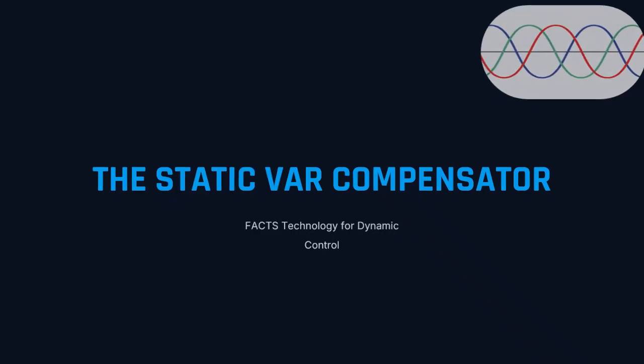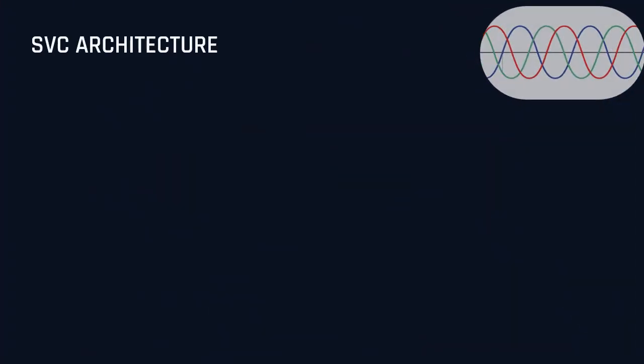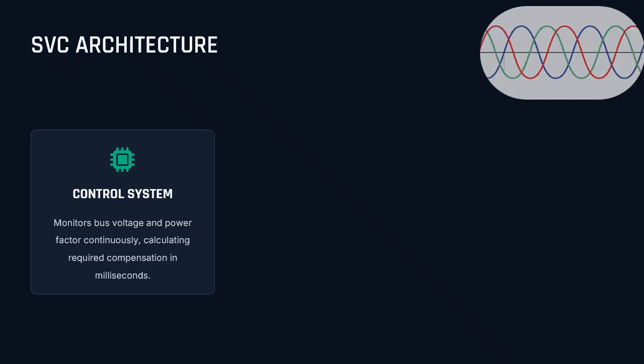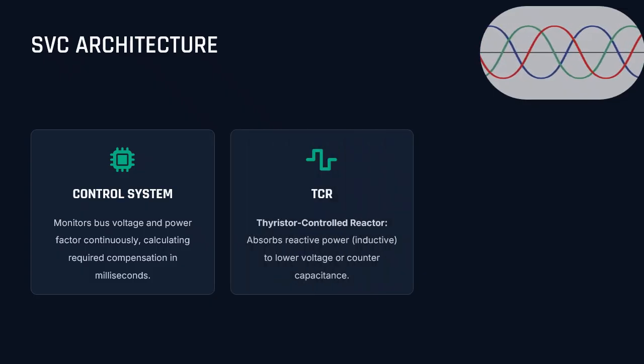SVC architecture. An SVC comprises three major parts. First, the control system monitors voltage and power factor in real time, calculating the exact VAR requirement in milliseconds. Second, the thyristor-controlled reactor, TCR, acts as the inductive element, absorbing reactive power.